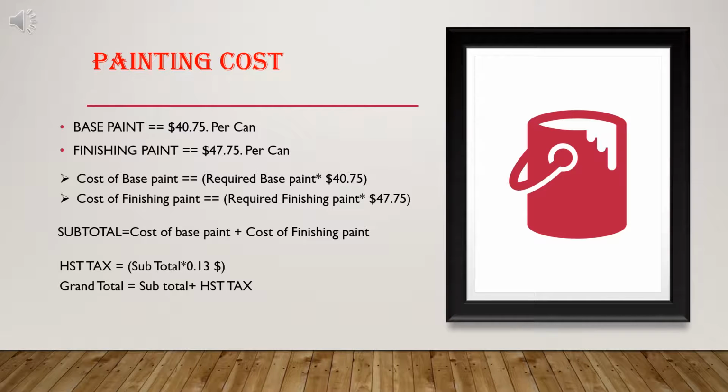So our subtotal becomes cost of base paint plus cost of finishing paint. And in addition to that, there is 13% tax on our order, which becomes subtotal times 0.13. So our grand total will be subtotal plus HST tax.